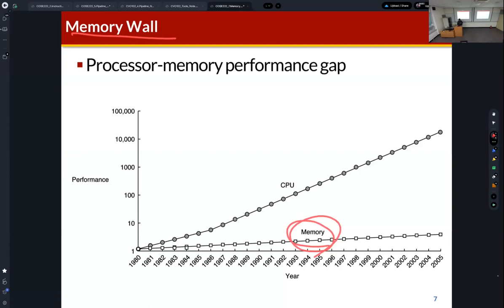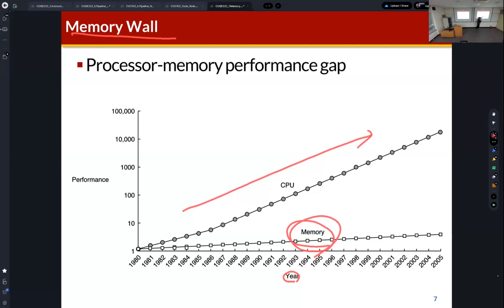In this graph, you can find the years, and this is the relative performance of CPU and memory. In the very old times, around 1980, the performance is nearly the same. The CPU was also very, very slow at this time. But as you can see, the CPU performance is improved exponentially. Memory performance is also improved exponentially.